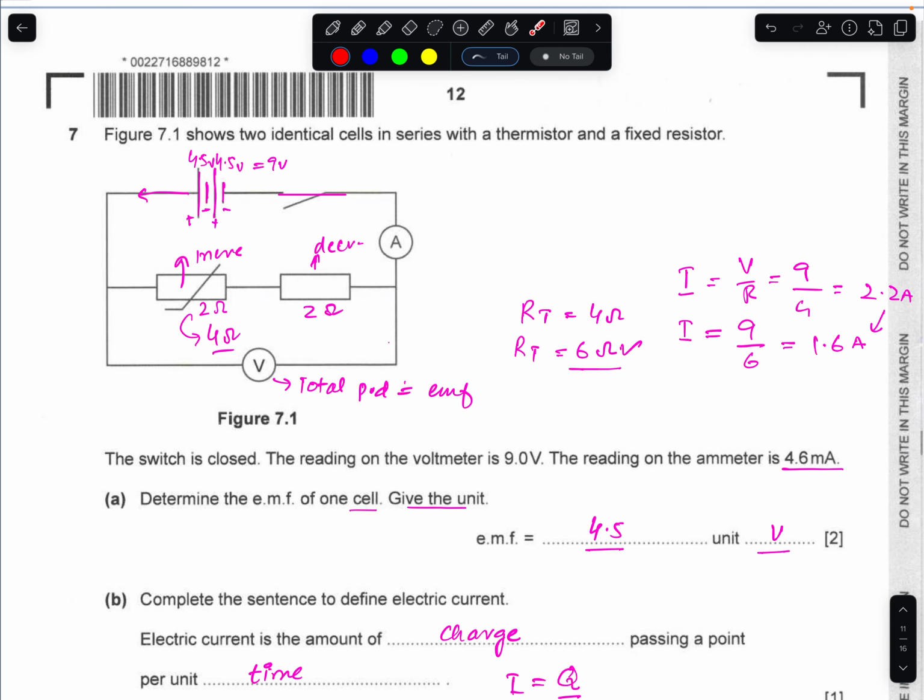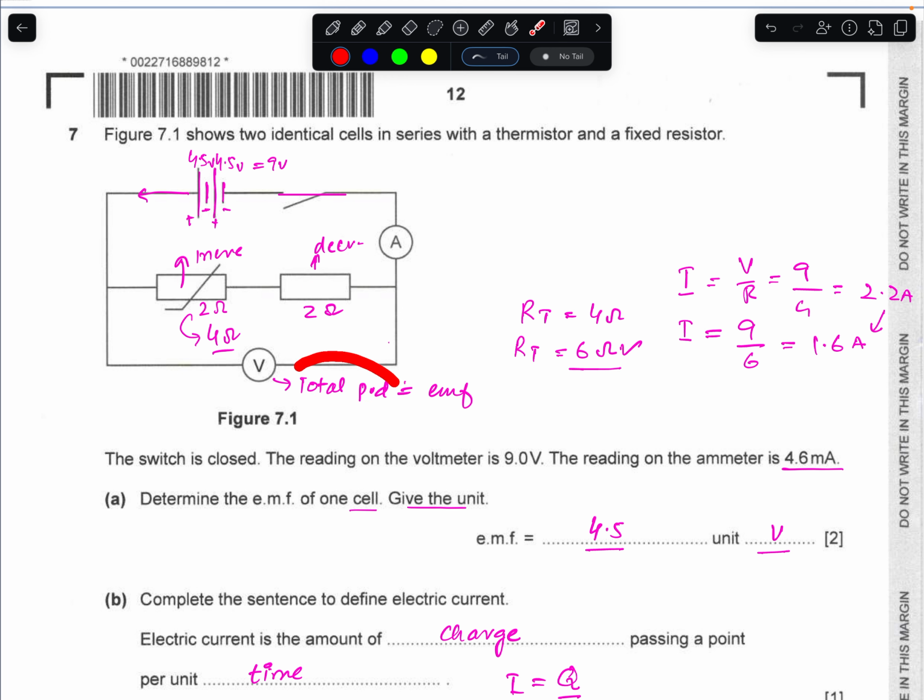Question number 7 shows two identical cells in series, a thermistor and a fixed resistor. Determine the EMF of one cell. Give the unit. If the voltmeter value is 9 volts, it means that this voltmeter is showing the total potential difference across both these components.